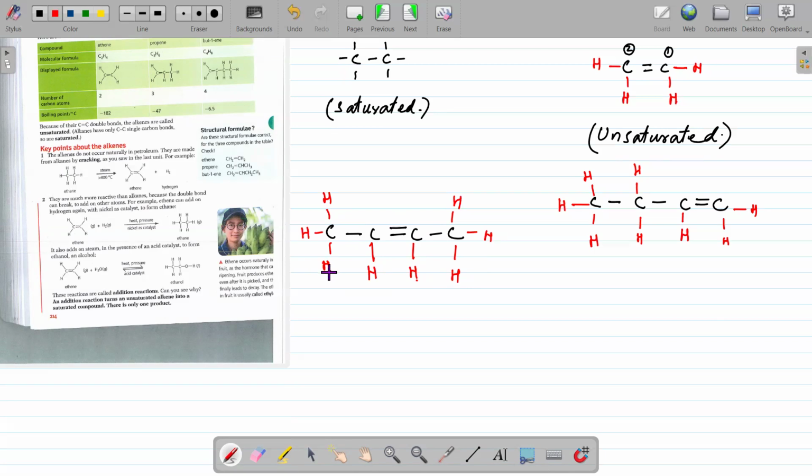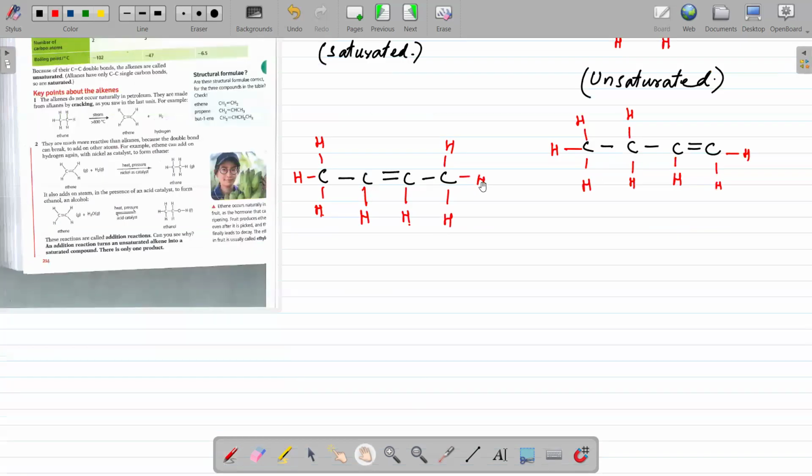Now, if we look at their molecular formulas, remember what we call this? It is a displayed formula, in which we show each and every bond. And when we want to write the molecular formula, we have to count the number of carbon atoms: 1, 2, 3, and 4. So there are 4 carbon atoms, and if we count the number of hydrogen atoms, 1, 2, 3, 4, 5, 6, 7, and 8, C4H8.